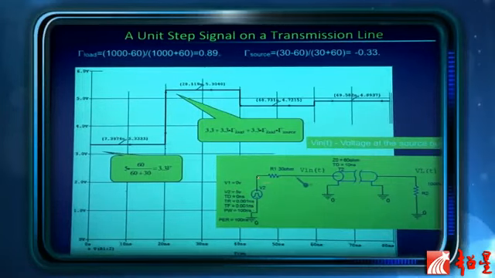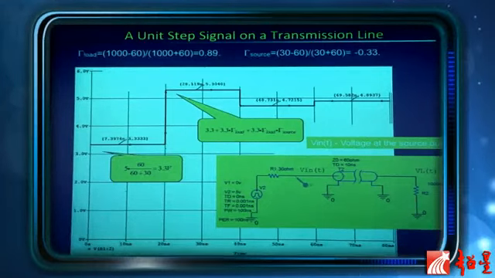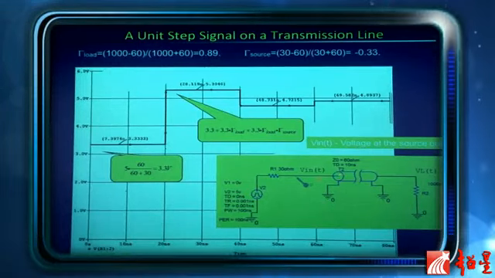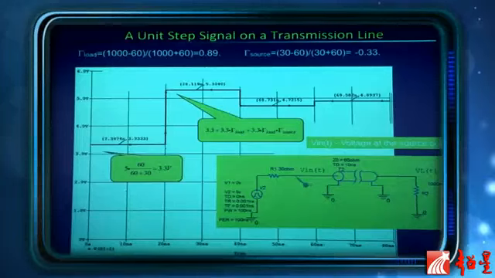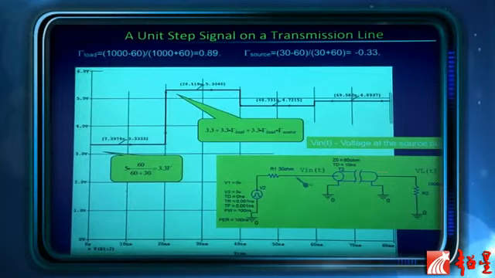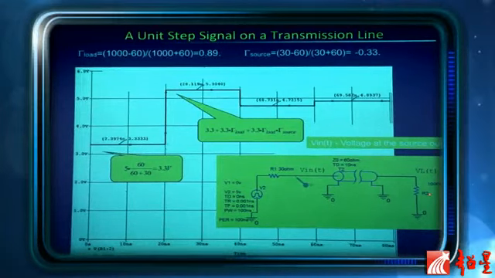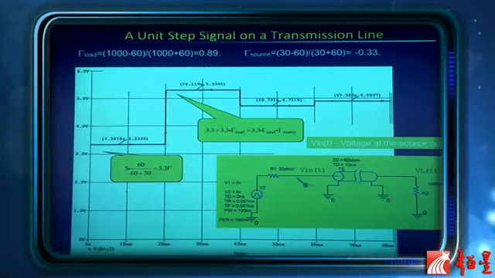Initially there are some transients, but eventually it's just 5-volt DC. If you have 5-volt DC here, then the transmission line disappears; it's just a short circuit. So eventually the voltage on the line will be obtained by the voltage divider between this 30 ohms and then 1000 ohms.